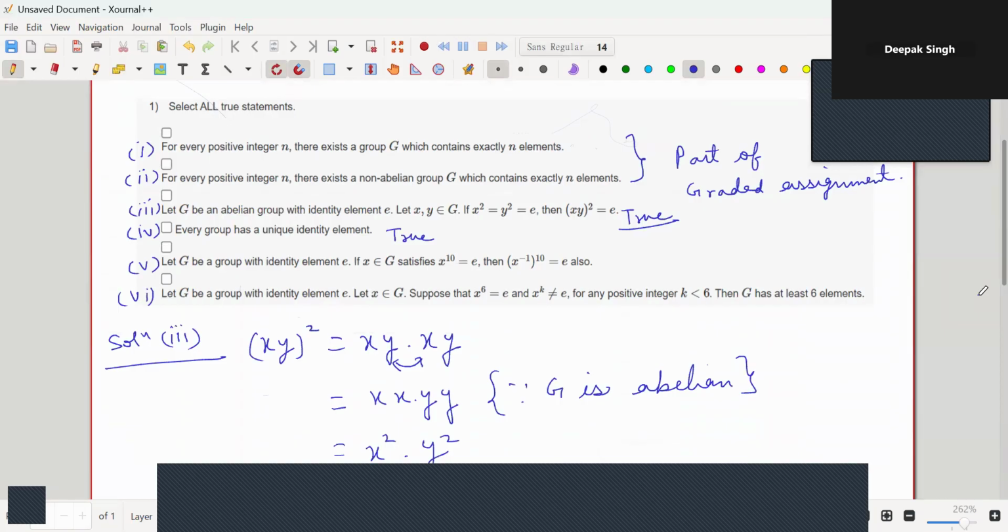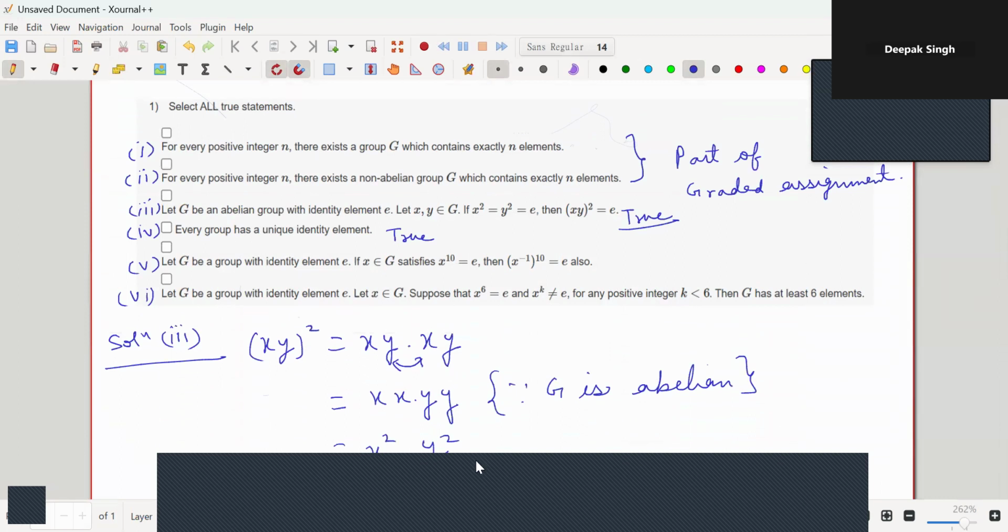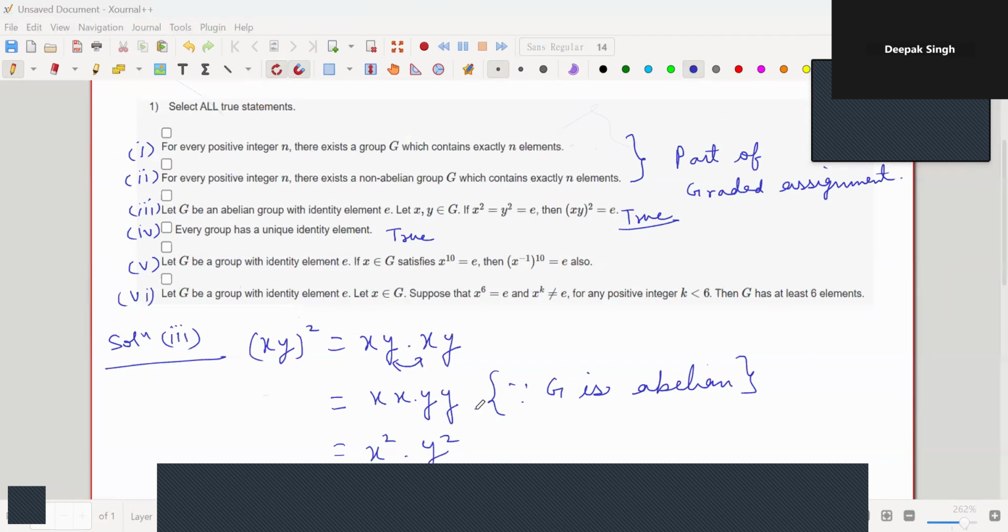The fifth part says that G is a group with identity element E, and if X belonging to G satisfies X raised to 10 is identity, then X inverse also satisfies the same.